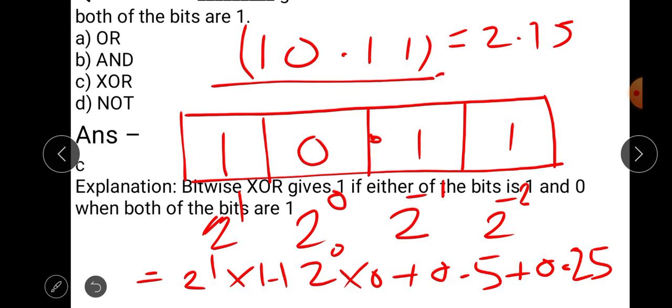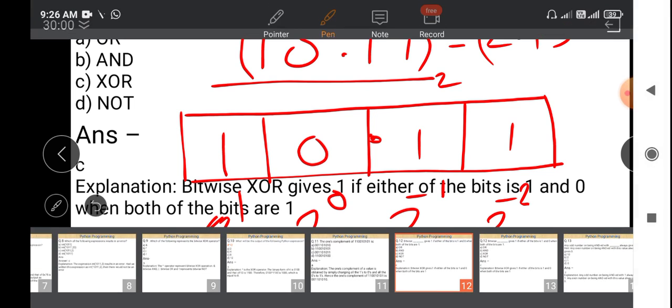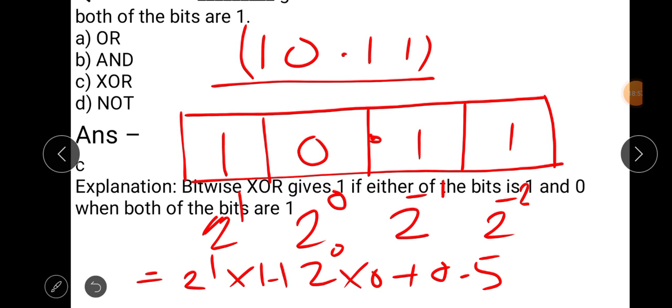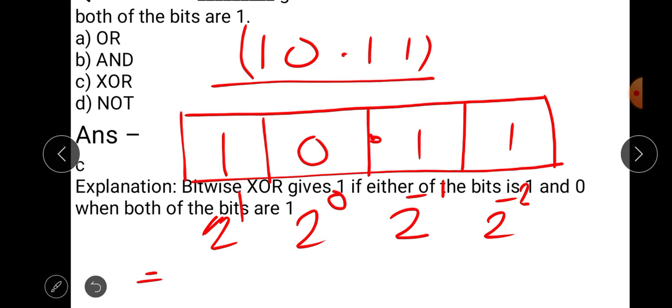So that is the decimal equivalent of that number. Okay, now I think it's clear to all of you. So this is the first way to convert the binary number system into the decimal number system.